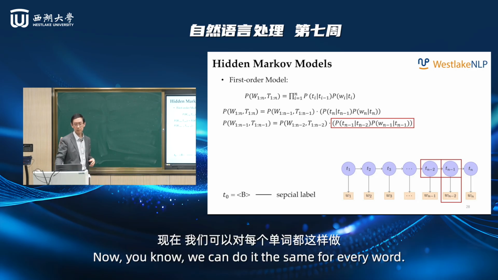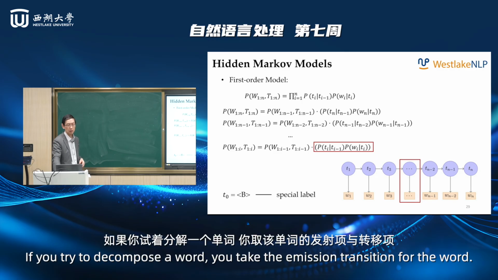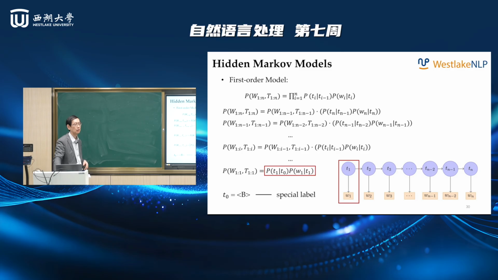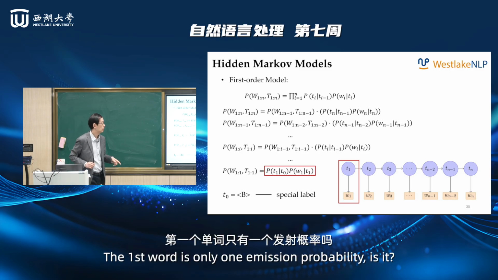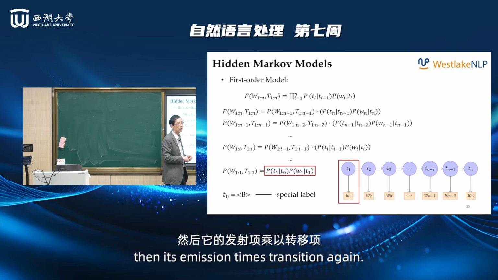Now you know we can do the same for every word. You take the emission and transition for the word, until you get to the first word. The first word is only one emission probability, is it? No, but you can think about the previous tag, T0, as the beginning of the sentence. Then it's emission times transition again.